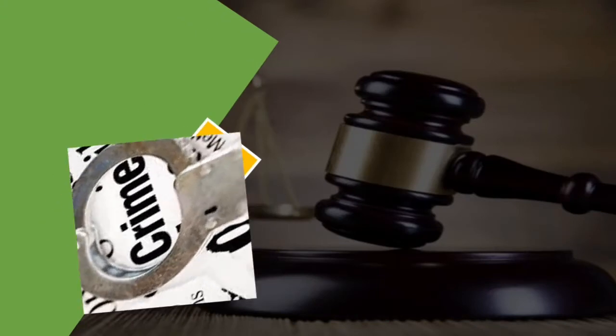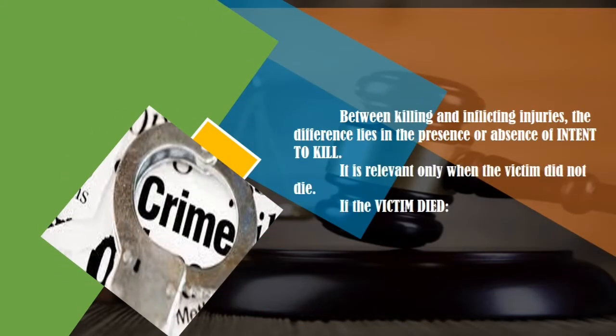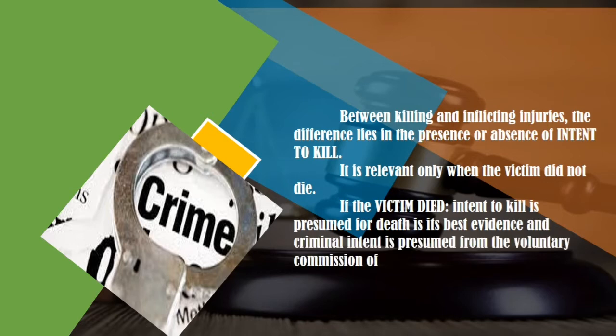Now, class, between killing and inflicting injuries, the difference lies in the presence or absence of the intent to kill. So it is relevant only when the victim did not die. Because if the victim died, the intent to kill is presumed.